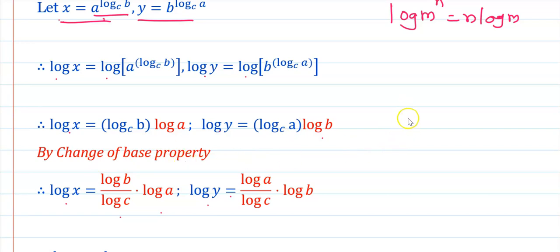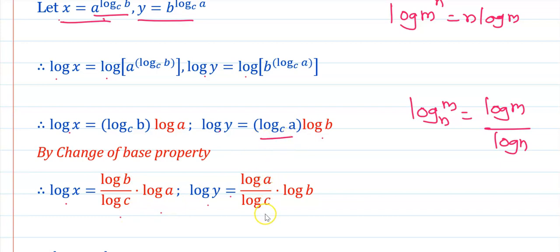What is that property? I will write it here: log of m to the base n can be written as log of m upon log of n. Similarly here, log of b upon log of c into log of a. Similarly, log of a, by the change of the base property, is log of a upon log of c, in this way.